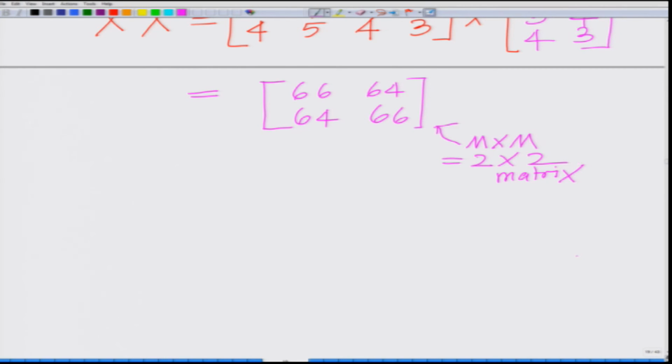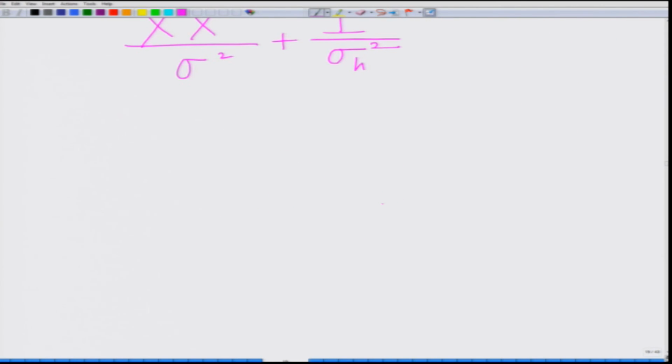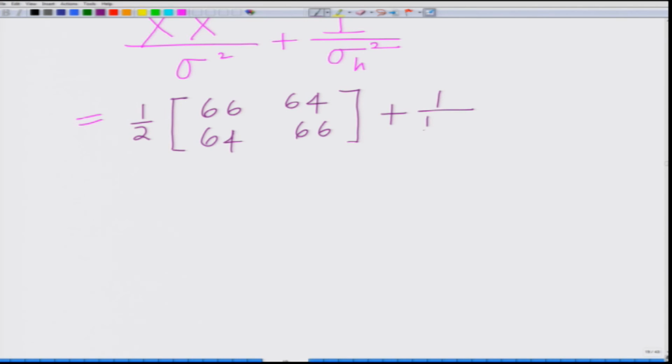This is a 2 cross 2 matrix, and x transpose x divided by sigma square plus I divided by sigma h square. Sigma square is 2, so 1 over sigma square is half, times 66 64 64 66, plus 1 over sigma h square, which is 1 by 4, so 4 times the 2 cross 2 identity matrix 1 0 0 1.